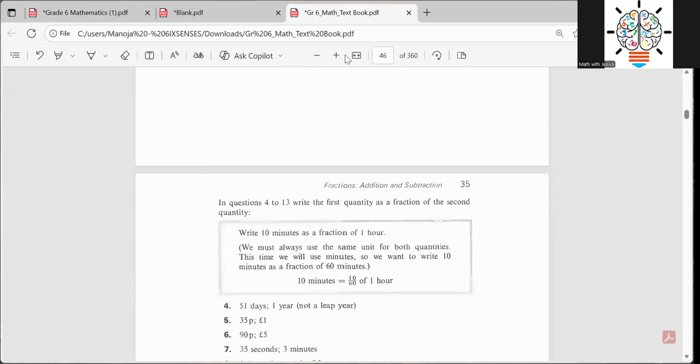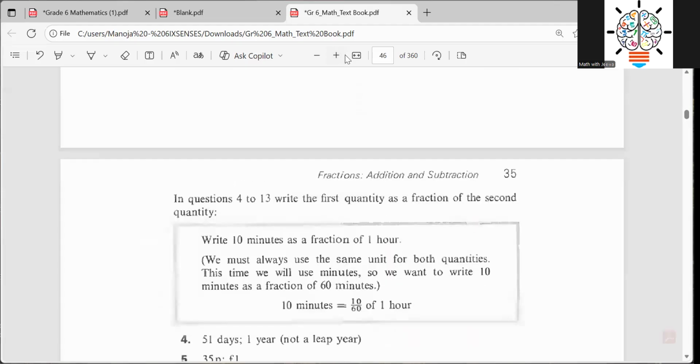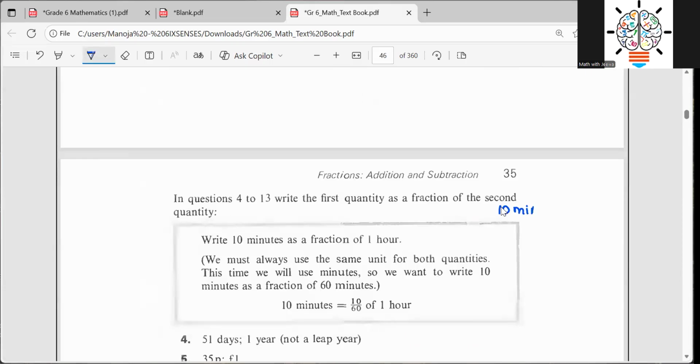But if you have something like this, right, write 10 minutes as a fraction of 1 hour, right? Now you can see you can't do anything because the numerator represents one unit, and the denominator represents another unit.